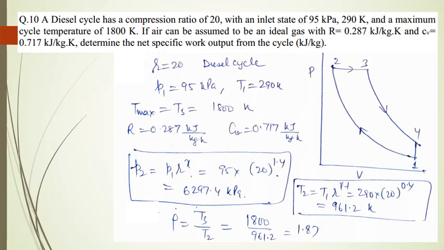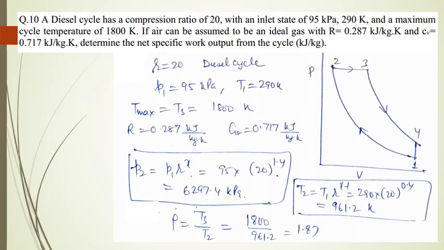Now we have given the PV diagram for the diesel cycle. The compression ratio is 20, P1 equals 95 kilopascal, T1 equals 290 Kelvin. The T maximum, that is the temperature at point 3, is 1800 Kelvin. Value of R and CV has been given.